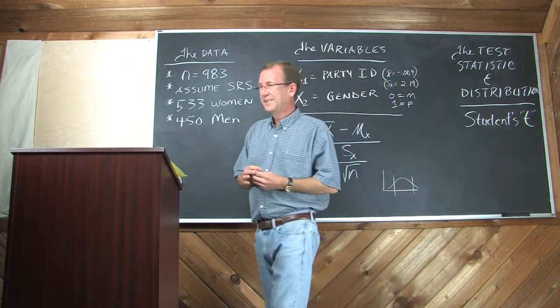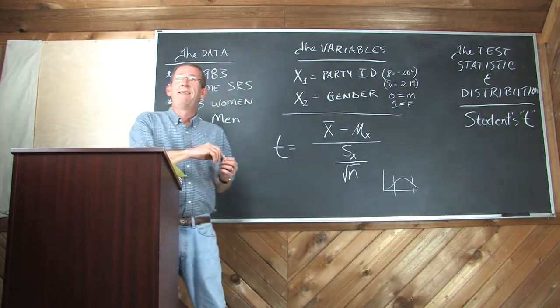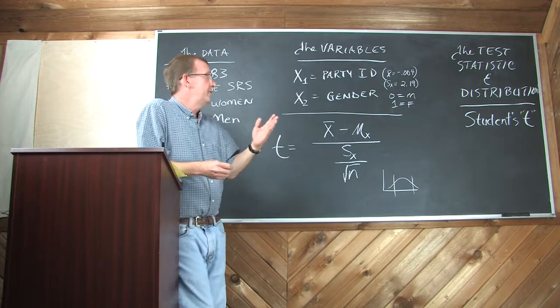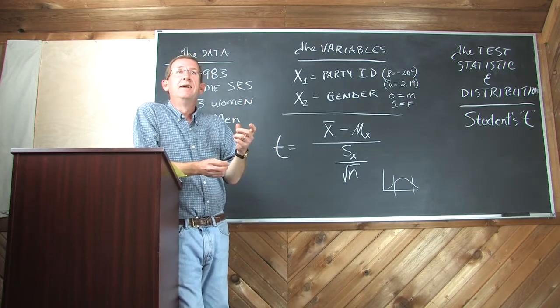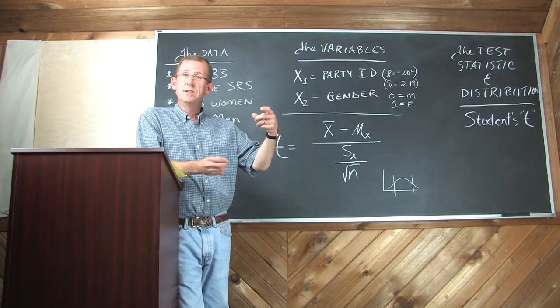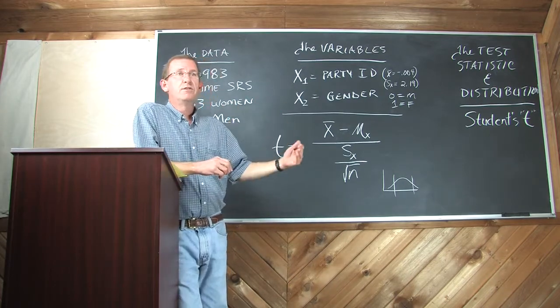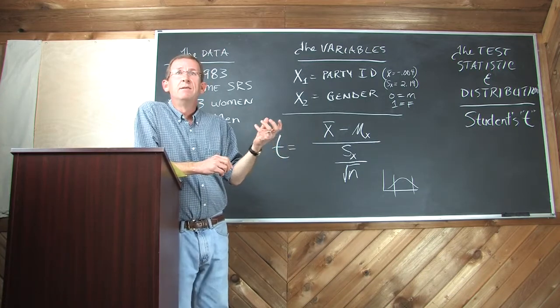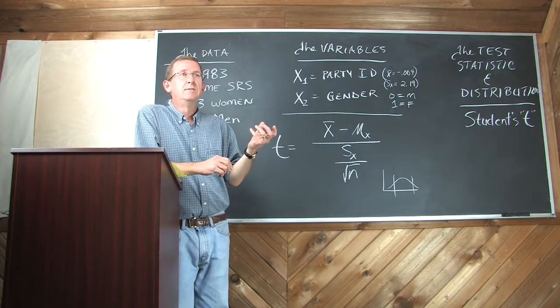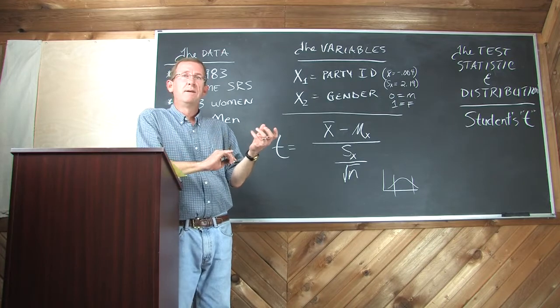And interesting to me, because I'm a nerd, an interesting little historical aside. The student's t distribution, I taught this for I don't know how many years, assuming that the name student's t referred to the behavior of data at the ratio level across fairly small groups.